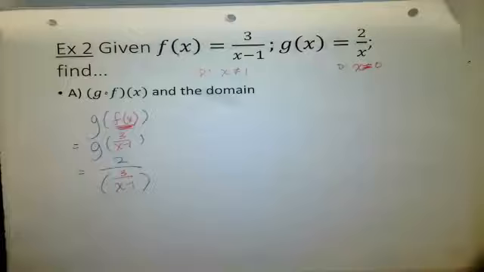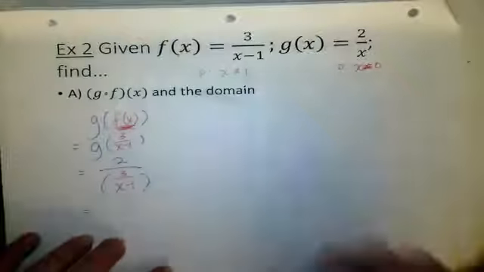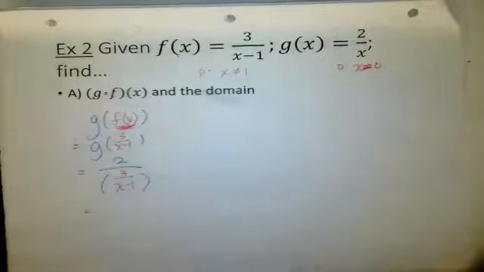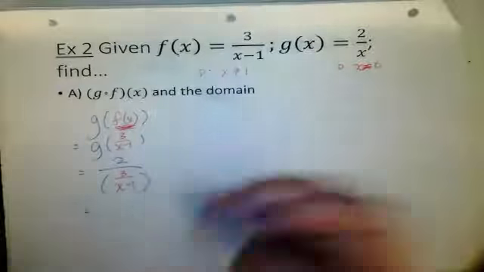All right, well, that's a complex fraction. How do I clean that up? Keep, change, flip. If you needed to get a common denominator, you might need to do that, but this one is all nice and compact.